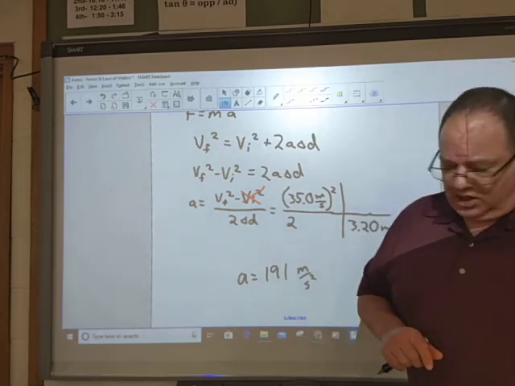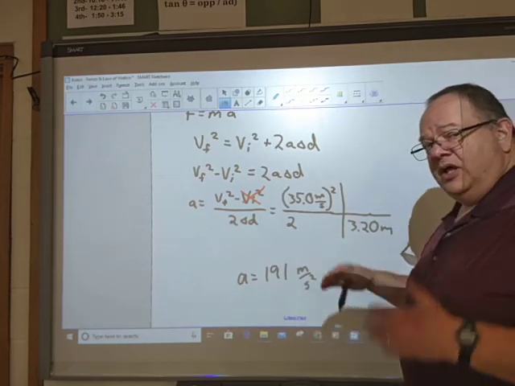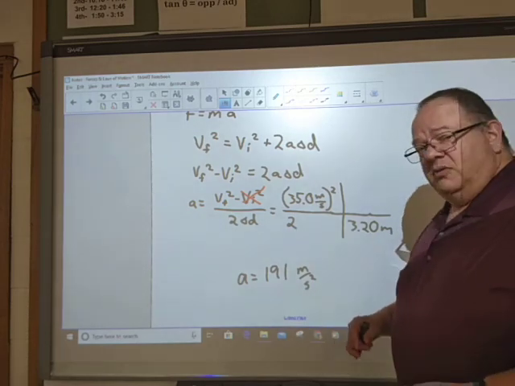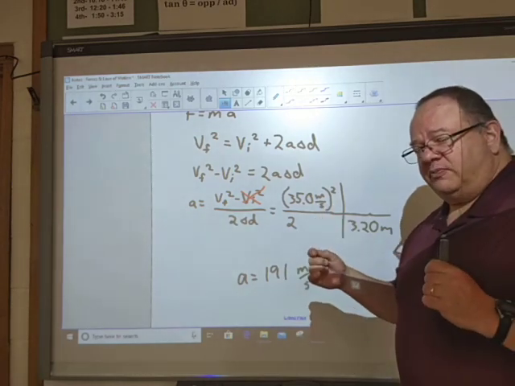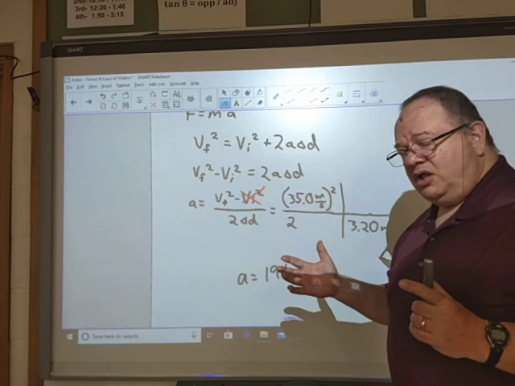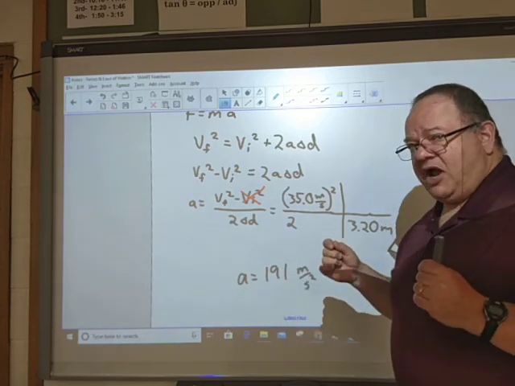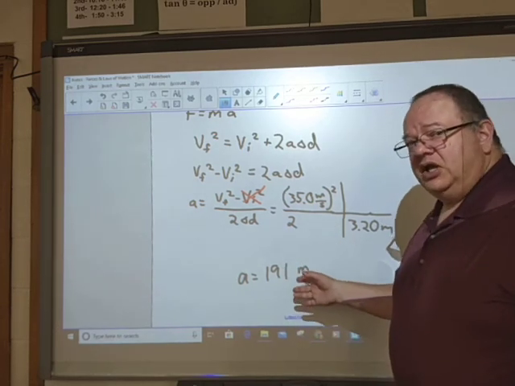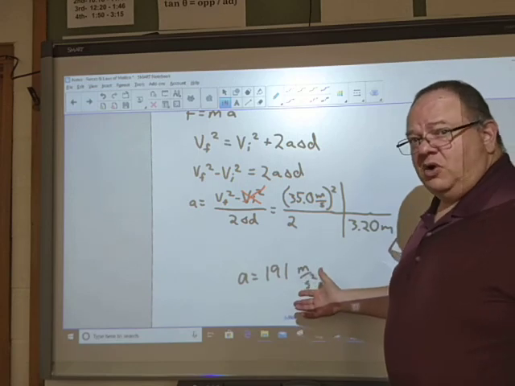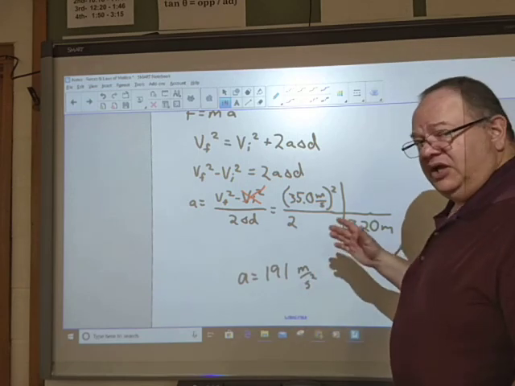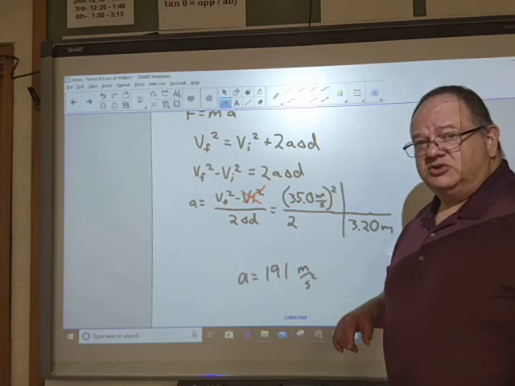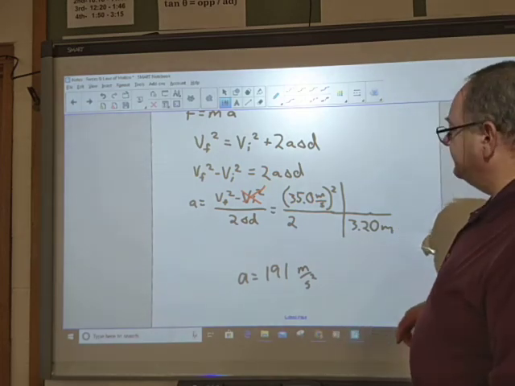So 191 meters per second squared. Sounds like a huge acceleration, but think about how long it takes for the pitcher to release the ball. It's probably just a small fraction of a second. Some of these pitchers can do 100-mile-an-hour fastballs. So there is a huge acceleration in a very short period of time.